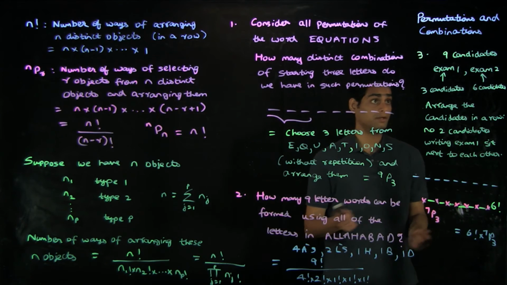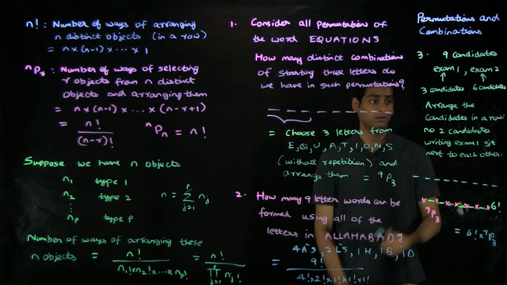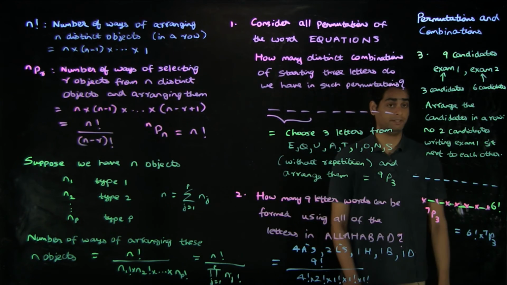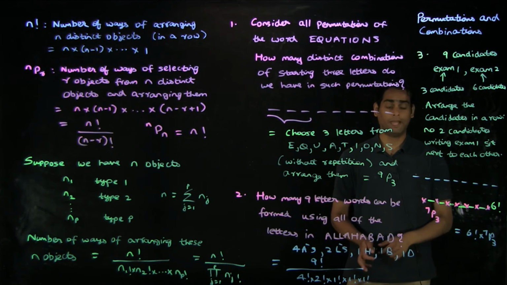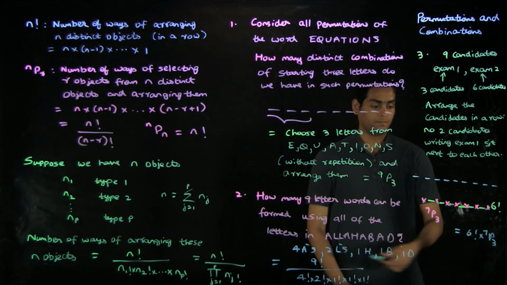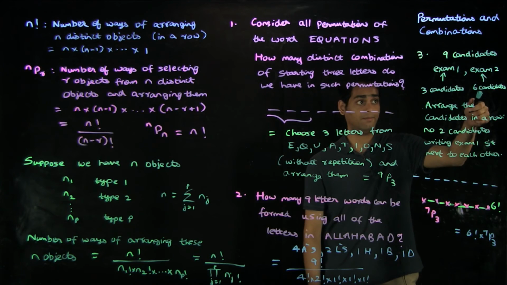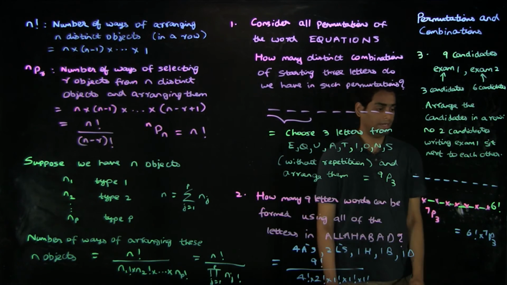So a related question could be, how many ways can you arrange the candidates in a row such that no 2 candidates who are writing exam 2 sit next to each other? And it shouldn't take you long to figure out that the number of ways is 0, because there are many more candidates who are writing exam 2 compared to candidates who are writing exam 1.